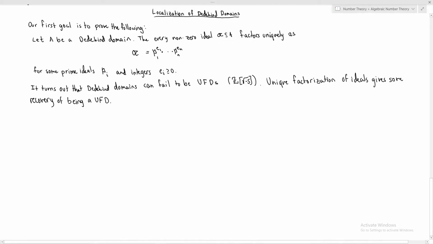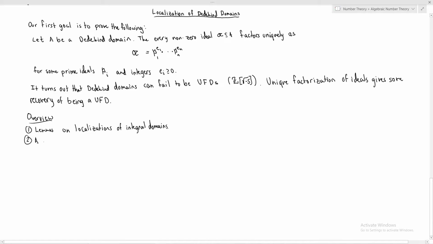Today, our main goal is to talk about the localization of Dedekind domains, and prove a couple of lemmas that are going to allow us to then prove this theorem about unique factorization. So we're going to do two main things. We're going to prove some lemmas on localizations of integral domains. And then we're going to look at what happens when I localize a Dedekind domain.